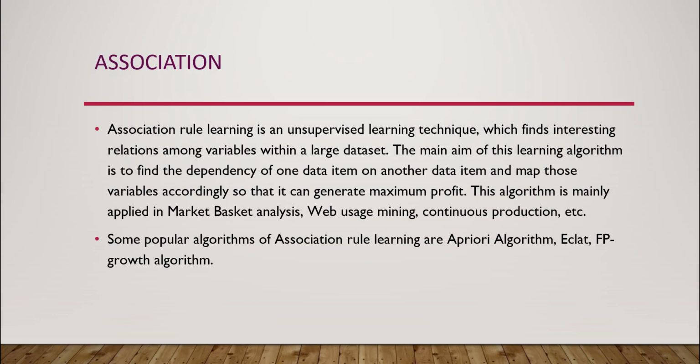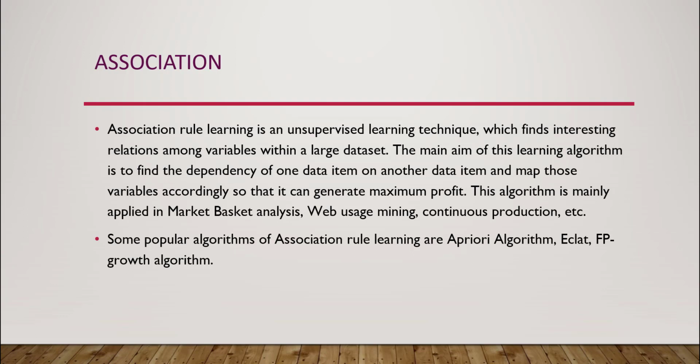The second subtype of unsupervised machine learning is association. Association rule learning is an unsupervised learning technique which finds interesting relations among variables in a large data set. The main aim of this learning algorithm is to find the dependency of one data item on another item and map those variables so that it can generate maximum profit.